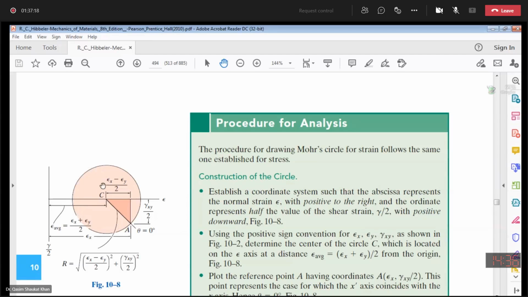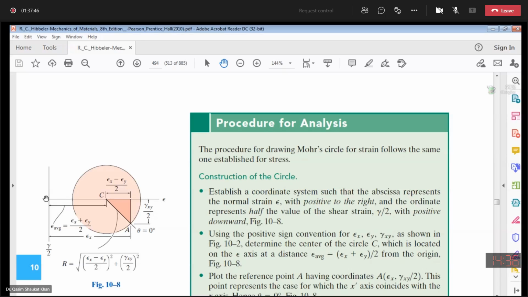Similarly, for plane strain, we will start with the positive sign convention for epsilon x, epsilon y, and gamma xy, to draw the Mohr circle. So the first step is to determine the center of the Mohr circle. Guys, again, please remember this.